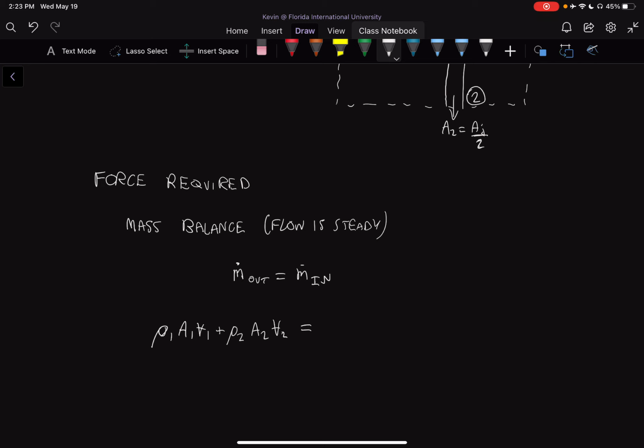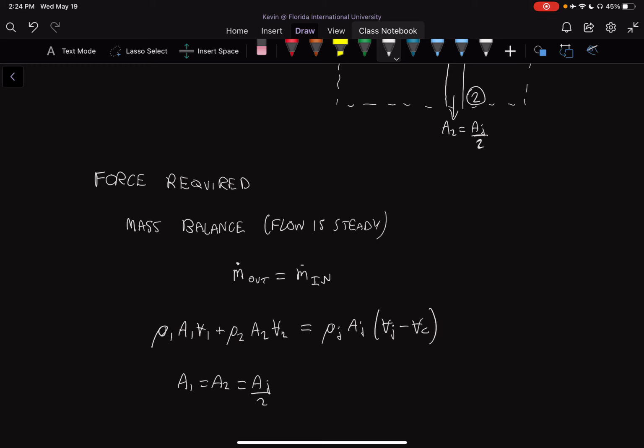And that's equal to our mass flow rate in. Our mass flow rate into our control volume is from the other side, with J. So it's rho J times AJ times (VJ minus VC). That's our velocity coming into our control volume. Now, we also know that A1 is equal to A2, which is equal to AJ divided by 2.